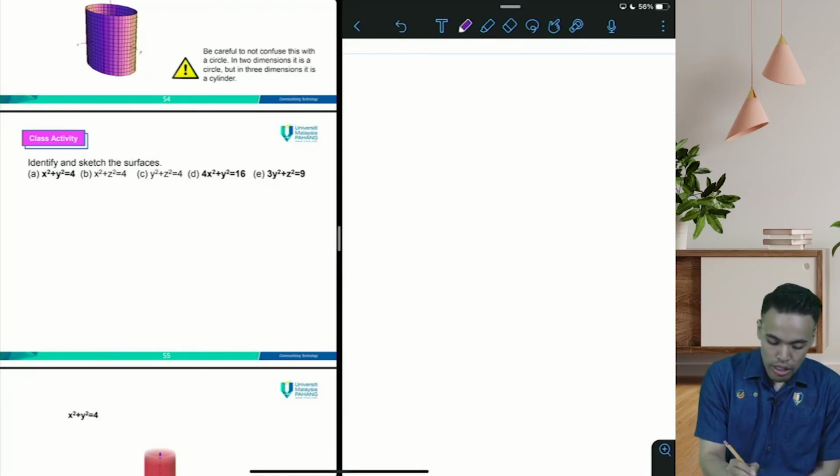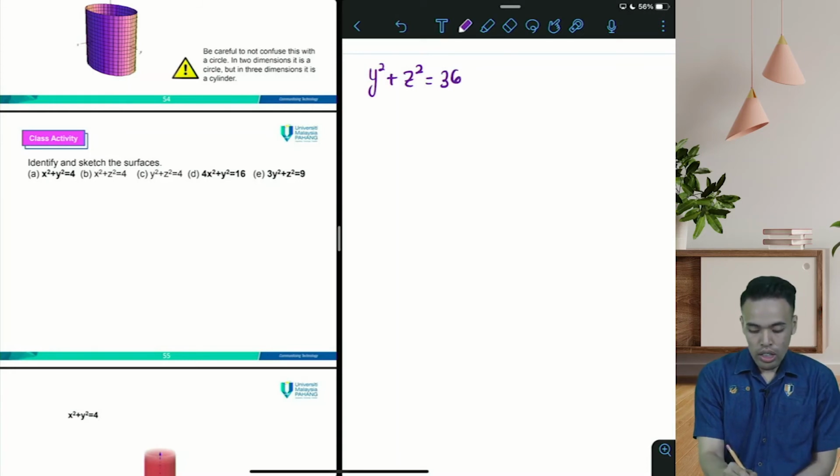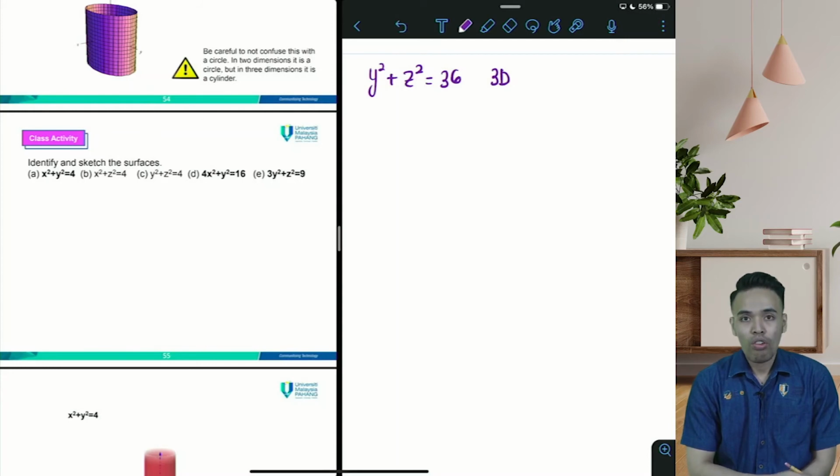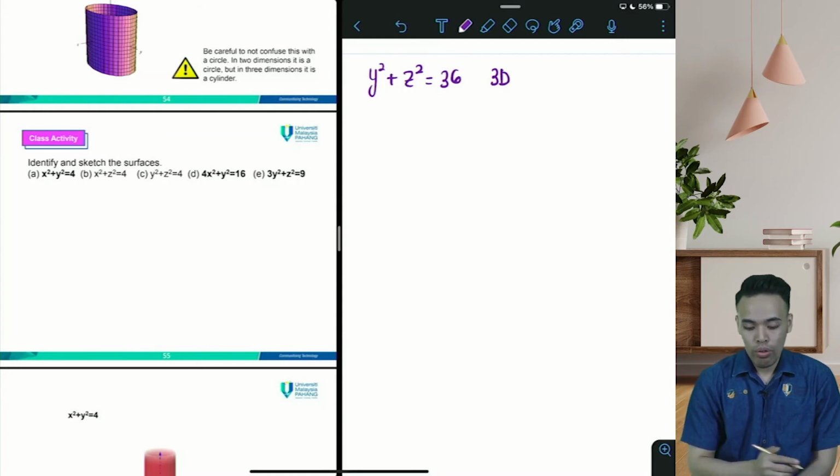For example, if I'm asking you to sketch y squared plus z squared is equal to 36 in a three-dimensional coordinate system, what kind of cylinder will you end up with given this equation or expression? So basically, if you don't have any idea on how the surface will be formed in 3D, sketch it in 2D first.